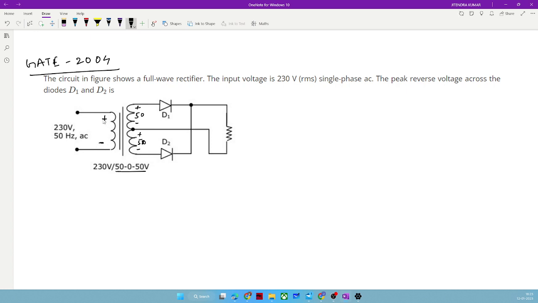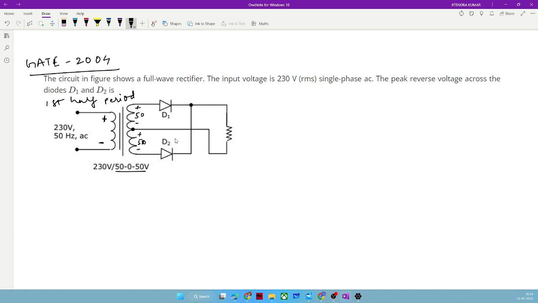And since it is AC and sinusoidal, this kind of polarity will be for only first half cycle. Again, it will change, but it will not affect the peak inverse voltage. Why? Because whatever change will occur in the polarity on primary side, the same will reflect on the secondary side. So we do not need to bother about it.